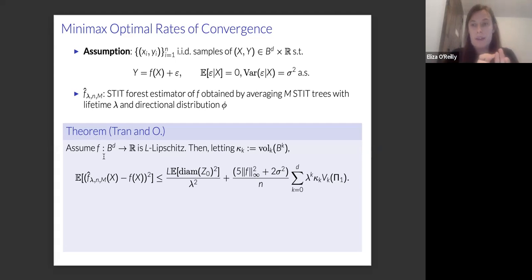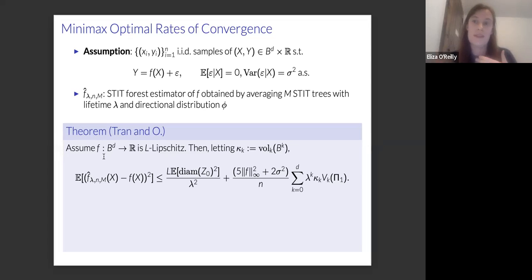The standard approach to obtaining an upper bound on this risk is to separate it into a bias and a variance, or approximation error plus estimation error. This first term in the sum comes from an upper bound on the bias, or basically the error you get from the fact that our model class is just these random piecewise constant functions.